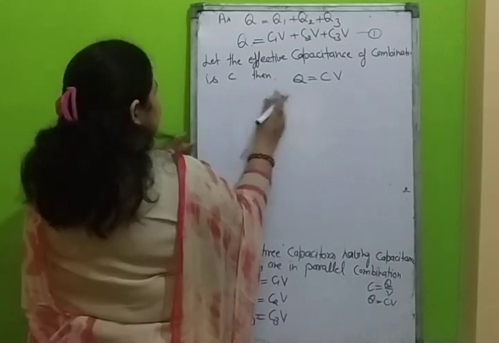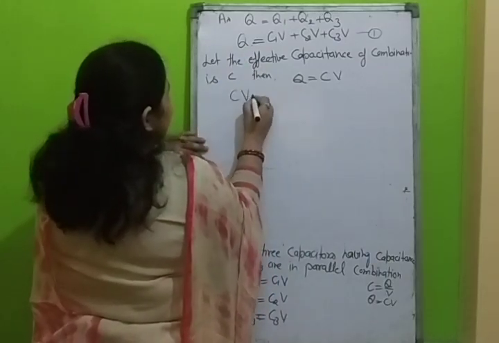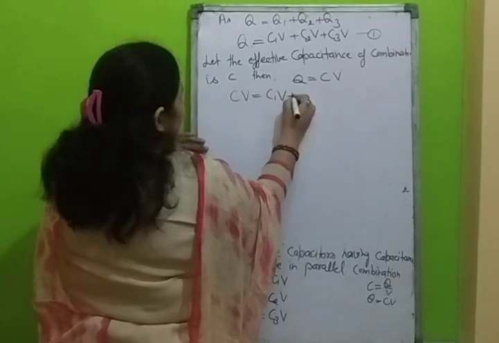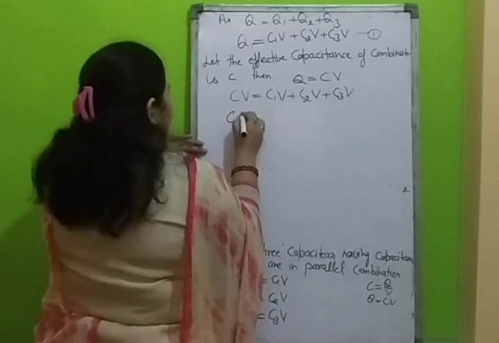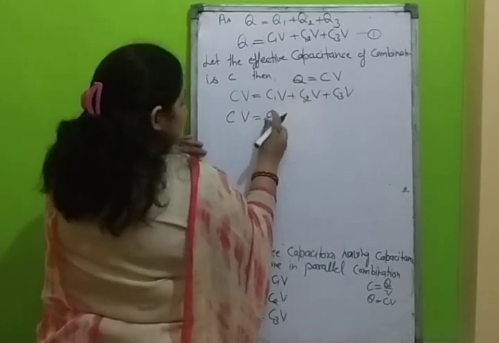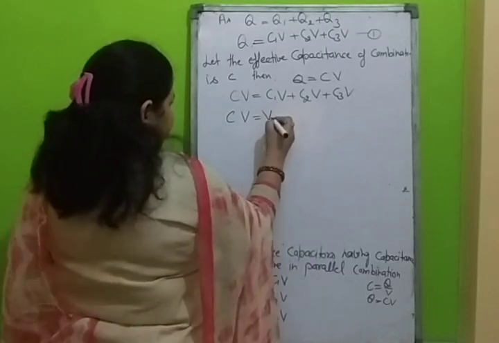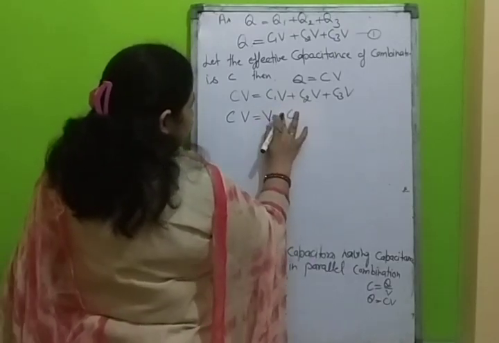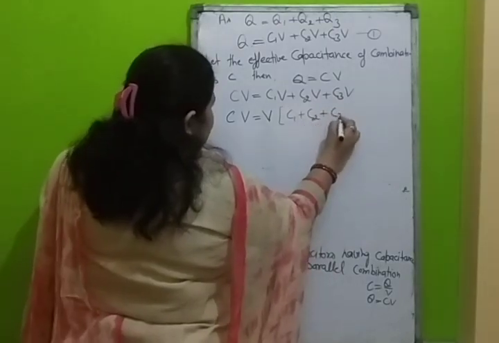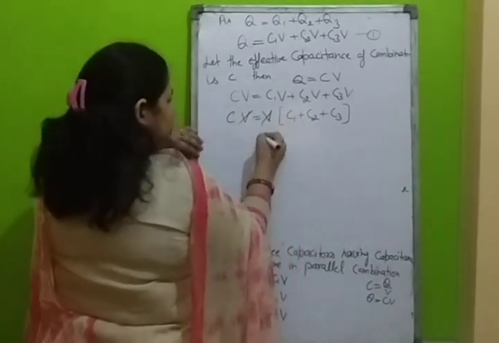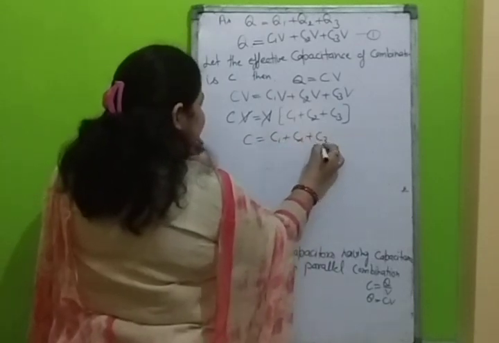Put this value in equation 1. We have CV is equal to C1V plus C2V plus C3V. Take the common term V. CV is equal to V times C1 plus C2 plus C3. Cancel out V. C is equal to C1 plus C2 plus C3.